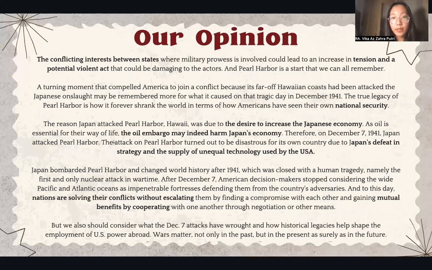And next is our opinion. So, conflicting interests between states where military prowess is involved could lead to increased tension and potentially violent acts that could be damaging to the actors.